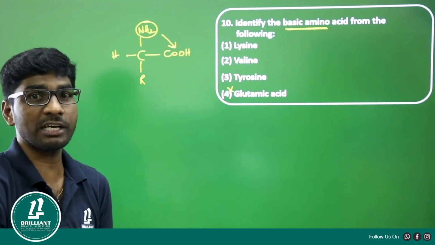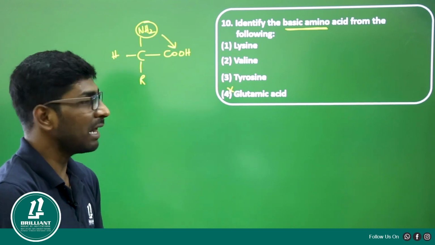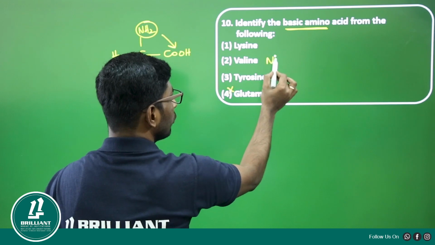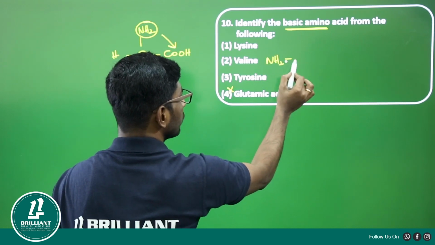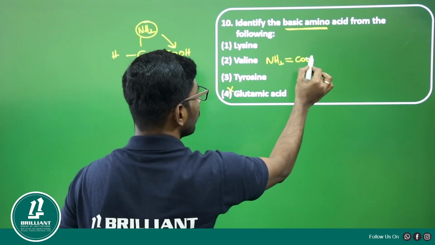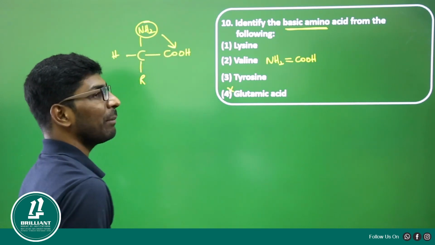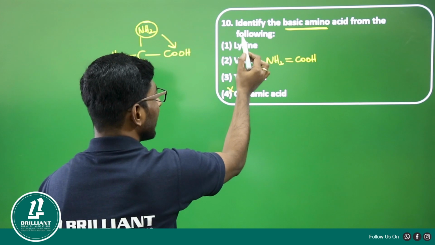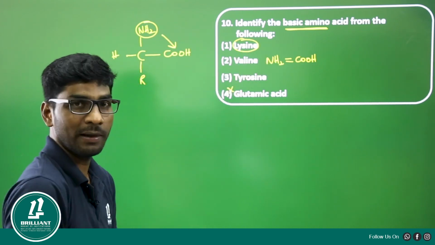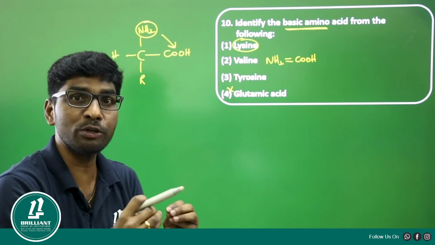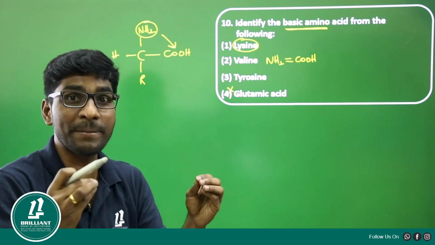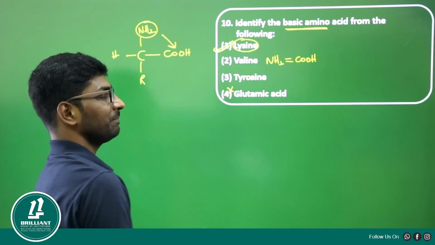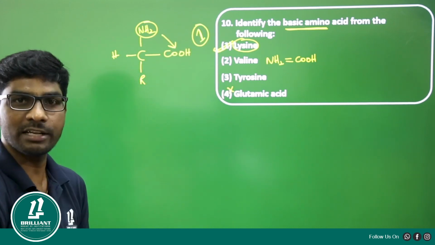Tyrosine, aromatic amino acid. Valine, in valine, amino groups are equal to carboxylic groups, so this is a neutral amino acid. But if you look at lysine, the number of amino groups is high. The basic amino acid is lysine, that is the correct answer.